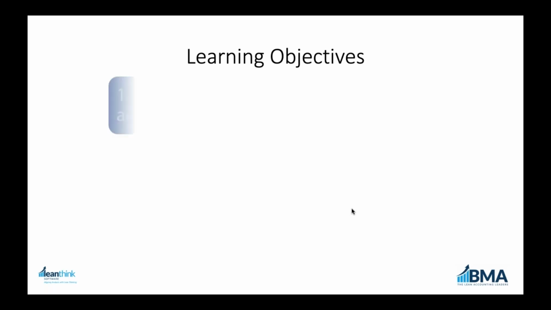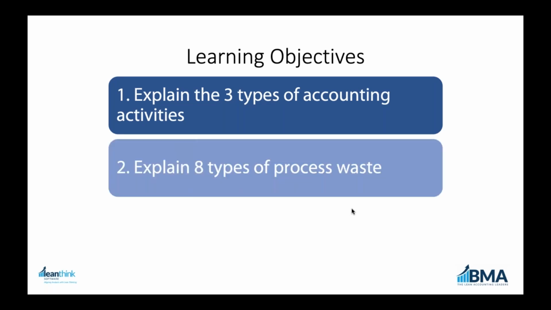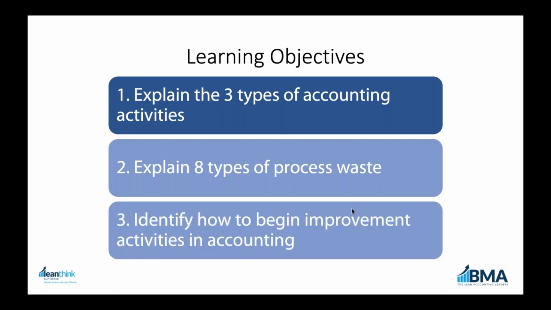So our learning objectives today. By the end of this webinar, you should be able to explain the 3 types of accounting activities, explain the 8 types of process waste that can be present in accounting processes, and identify how to begin improvement activities in accounting.